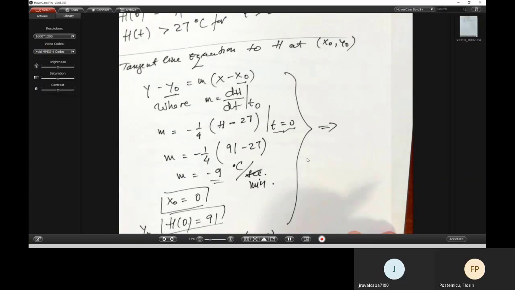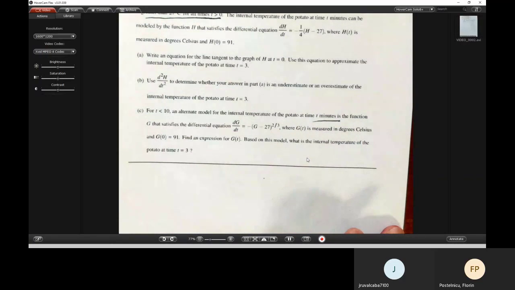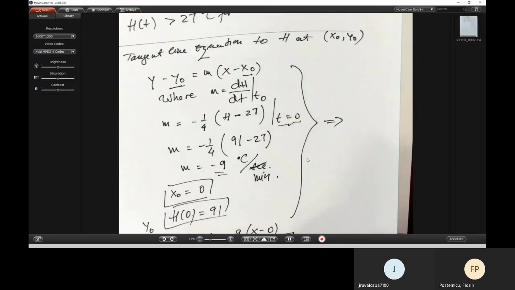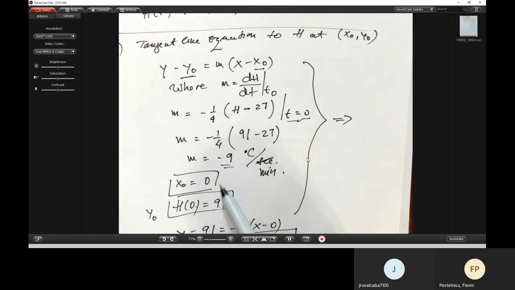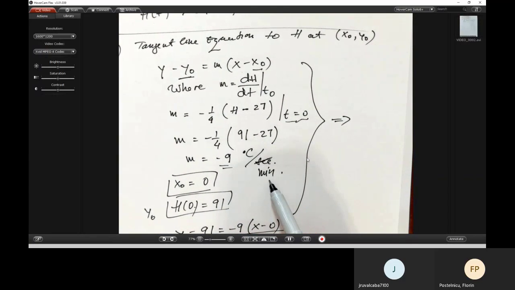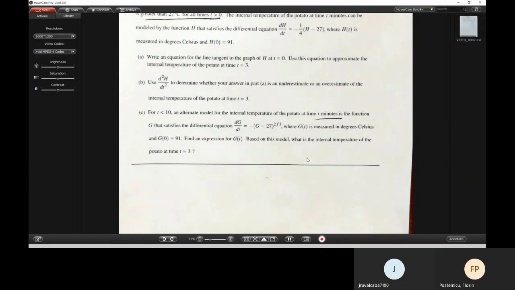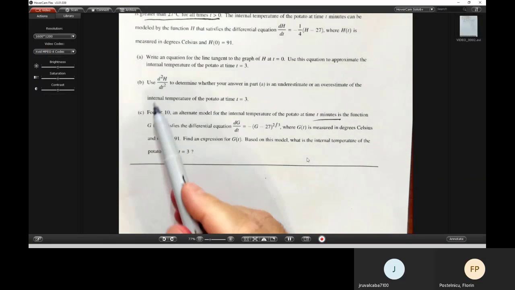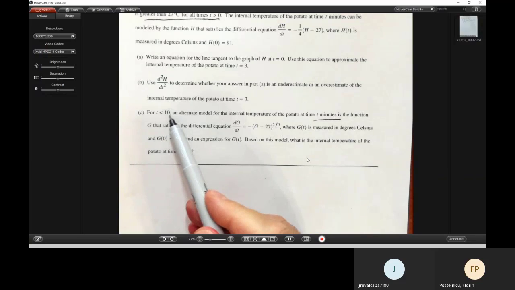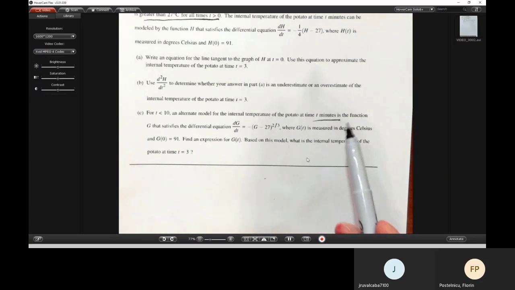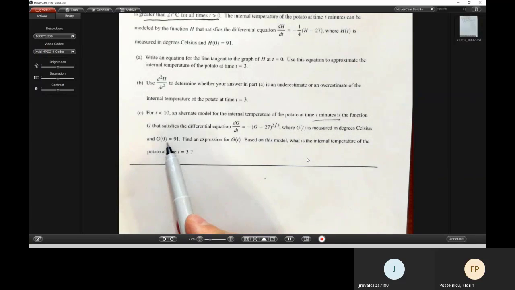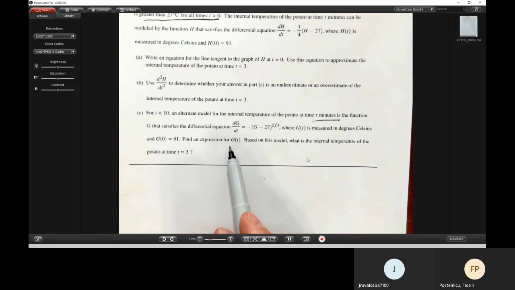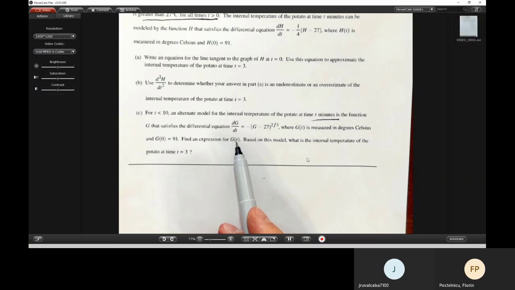So probably, I know it's different than the real value of h, but because the real temperature of the potato seems to be described by g, definitely my estimate at point A, at time t equals 3, should be an underestimate. And g of t, it might be the real value. So let's start the work.